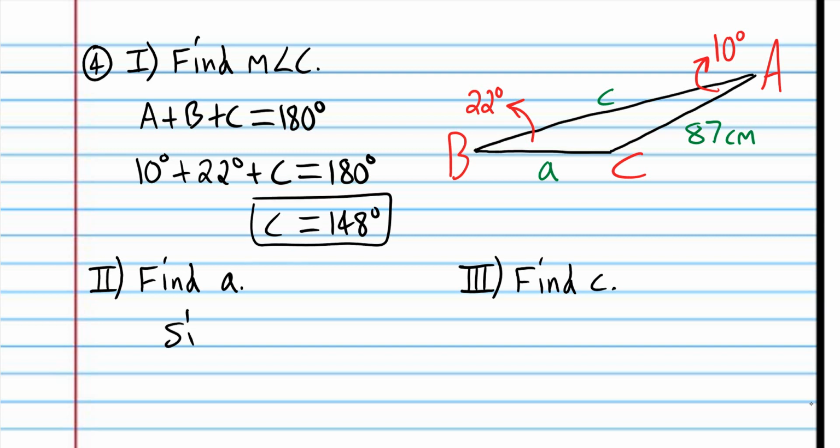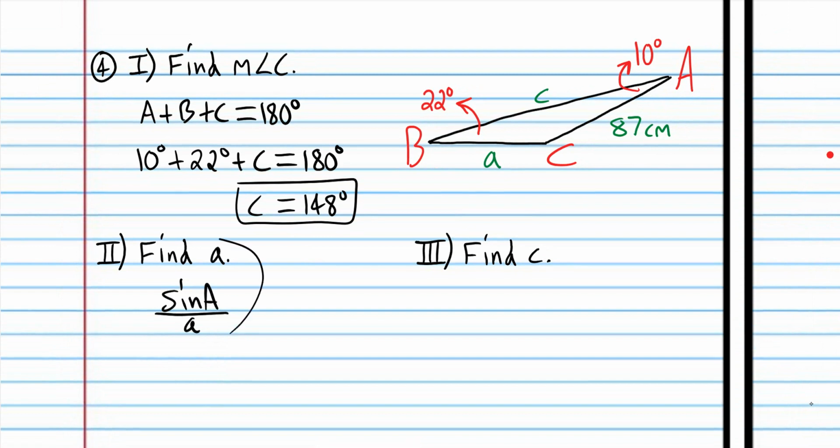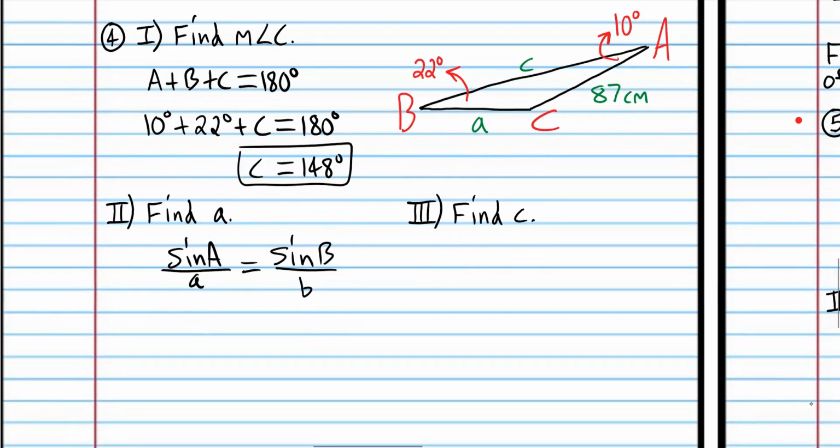Now, obviously, we're going to use sine A over A in the law of sines because we're looking for A. And we're going to use the ratio where we have all variables given, and that's sine B over B, because we know that capital B is 22 degrees, and we know lowercase b is 87 centimeters.